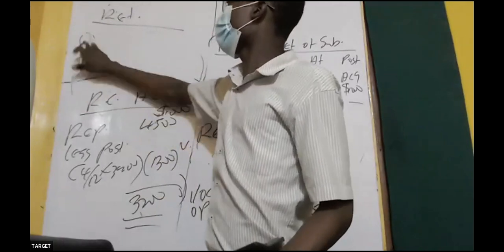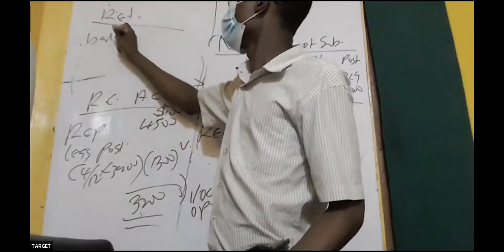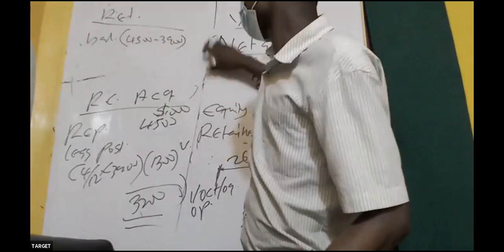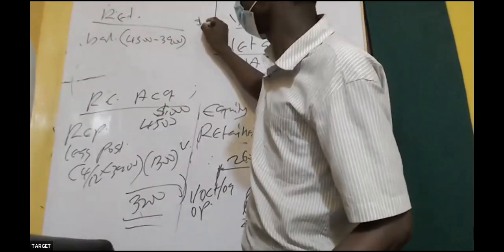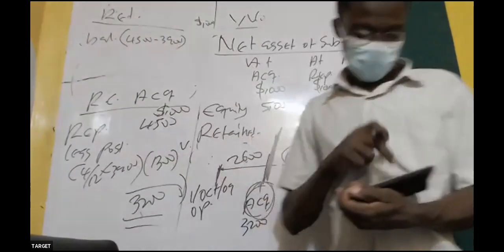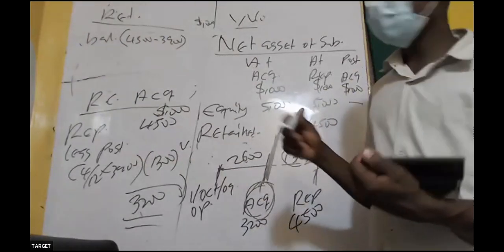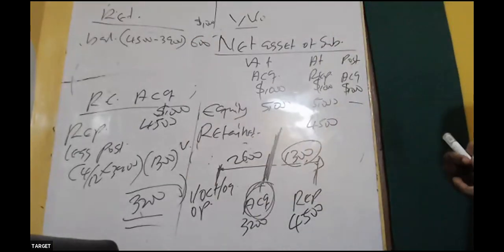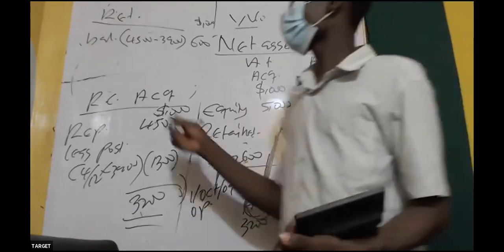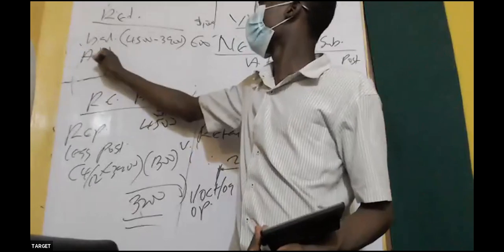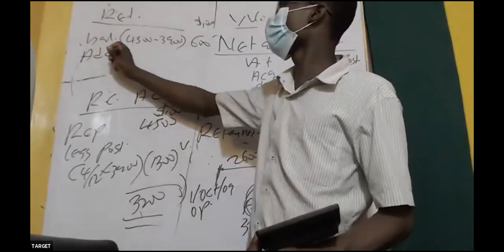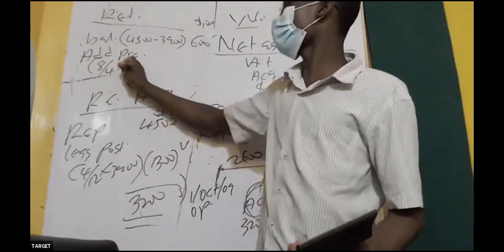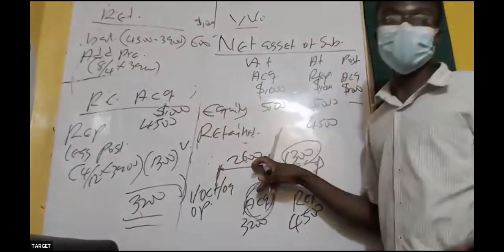Opening balance, or balance brought down: open a bracket, it will be 4,500 minus 3,900. So that's the retained earnings at the start of the year. Let's go. 4,500 minus 3,900 is 600. So the retained earnings at the start of the year is 600. Then add pre-acquisition profit to it. Add all profit made before acquisition. That one is 8 over 12 times 3,900, the one that we just calculated here, 2,600.